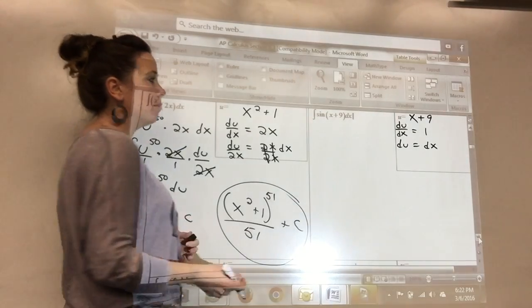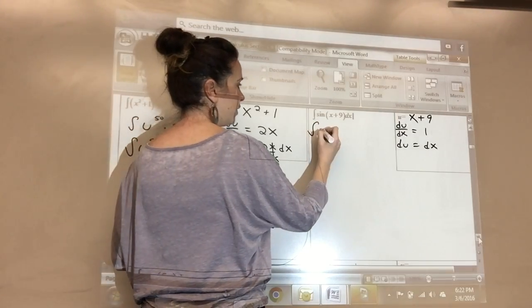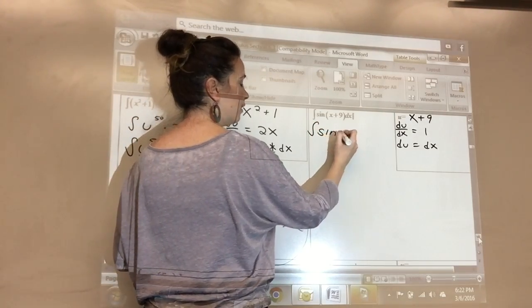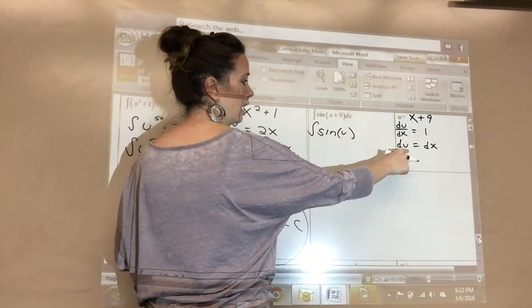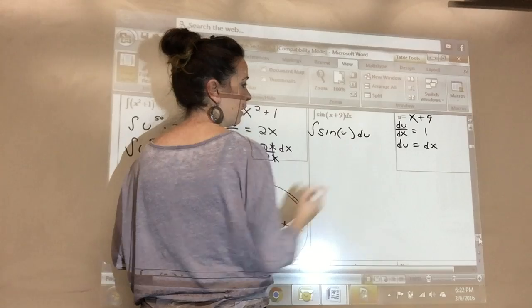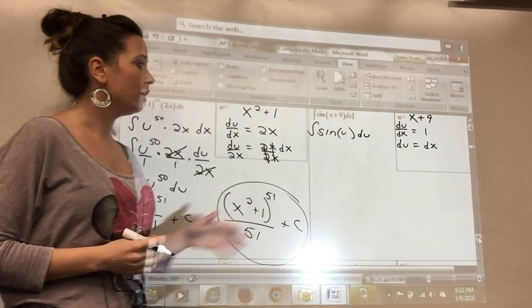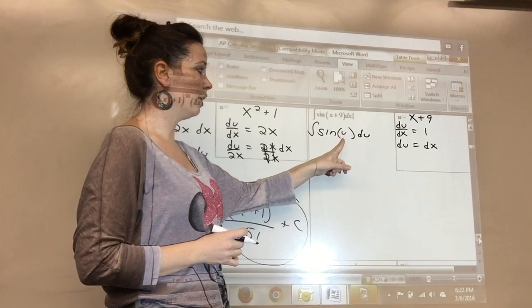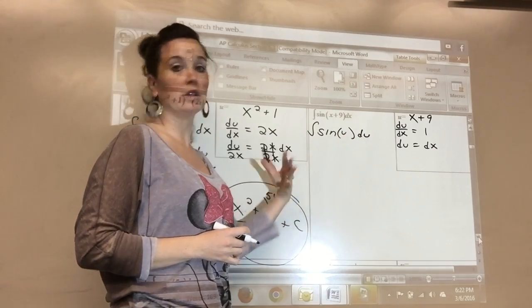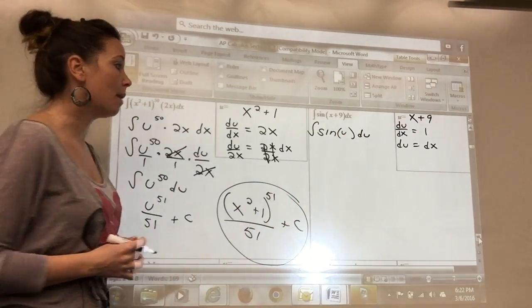At that point, I'll come back to my integral. I'll rewrite this as the integral of the sine of u, okay? And dx is really du, so I can make that switch too. Again, you always want to stop before you integrate. Check to make sure that the letter and the du or dx, whatever it is, matches up, okay?